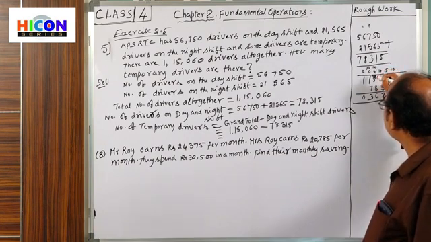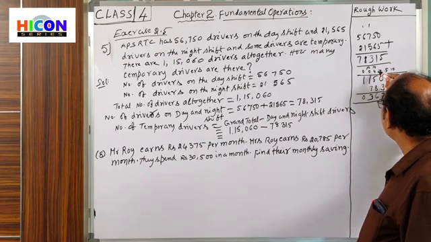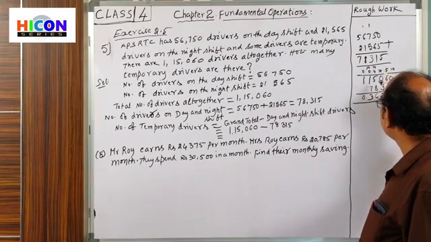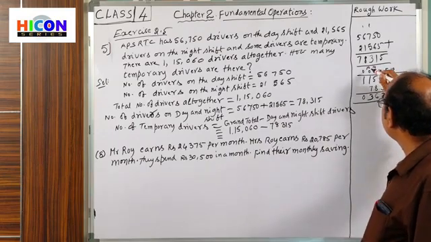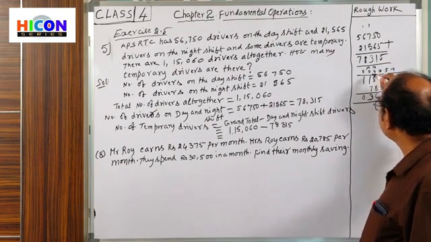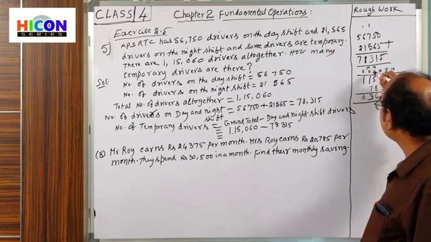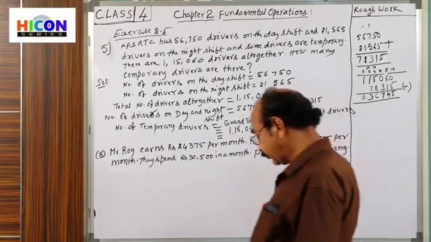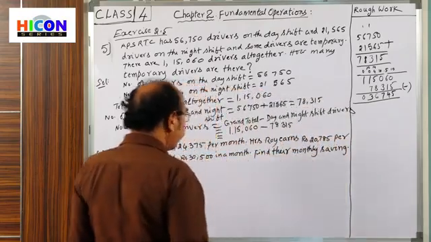Here 0, because this number gave borrow. 14 minus 8 is equal to 6. We cannot subtract 7, so take borrow. 0 becomes 10, here 1 becomes 0. 10 minus 7 is equal to 3. So 36,740.